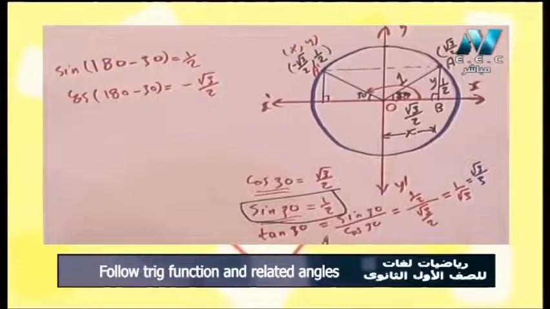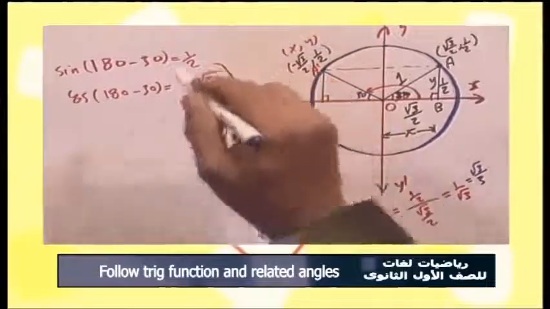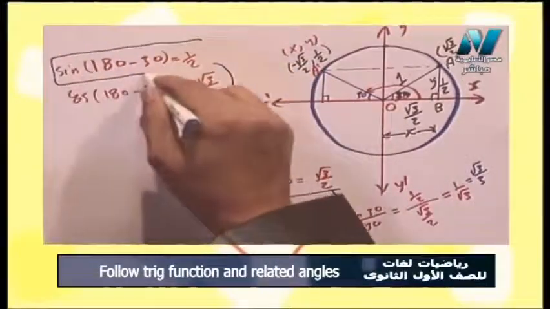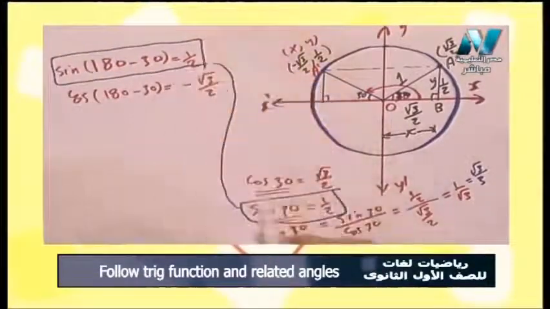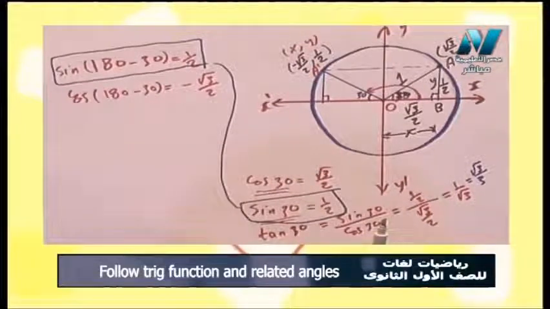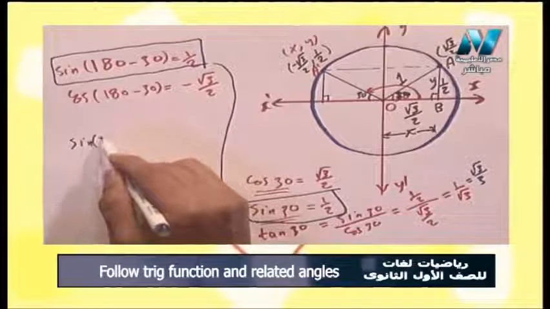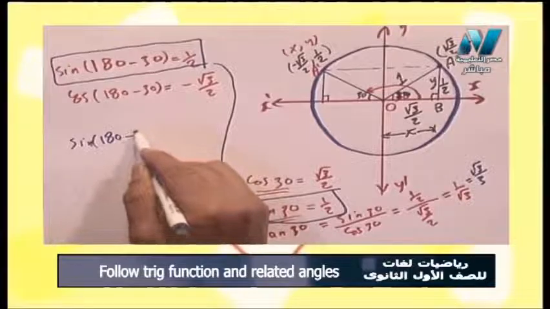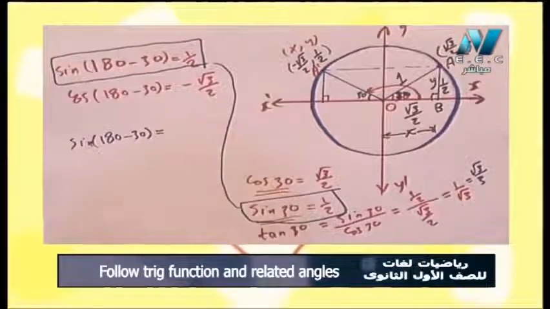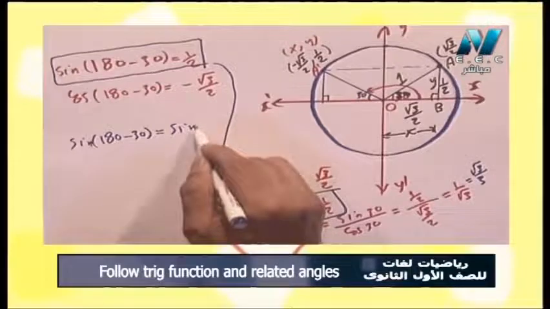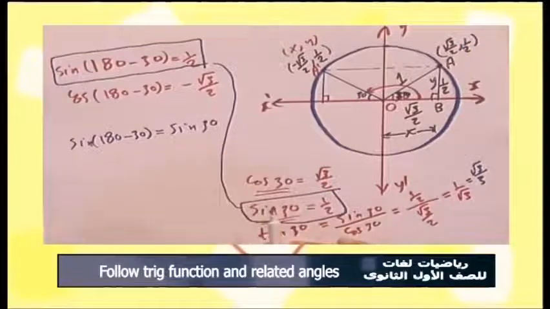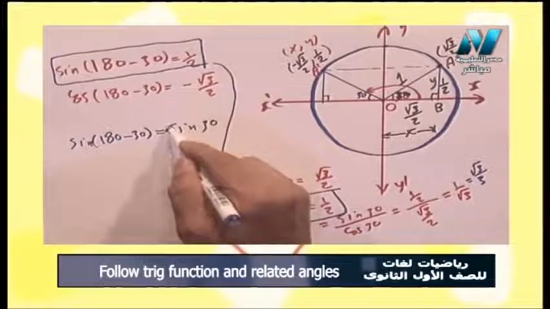Equals half. And this one, sine 180 minus 30 here equals half also. So we can say that sine 180 minus 30 equals also sine 30. Yes, and it is positive here.